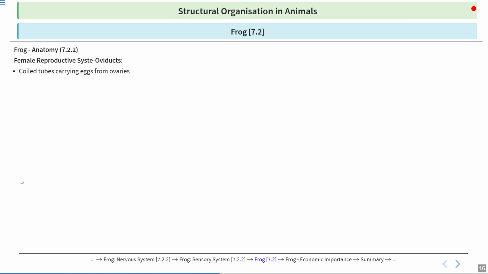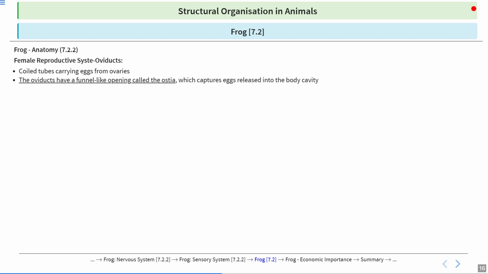Now oviduct, coiled tubes carrying the egg from the ovaries. So they are the tube-like structure that receives egg when the eggs are released from the ovary. The oviduct has a funnel-like opening that is called ostia. Okay, if you see the structure of the oviduct, it looks like a funnel.